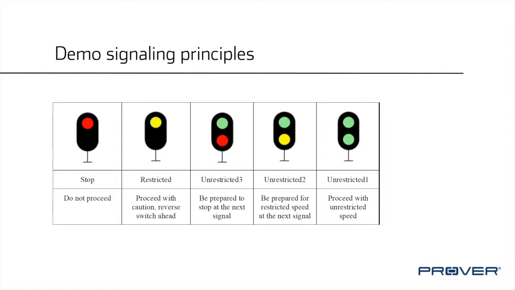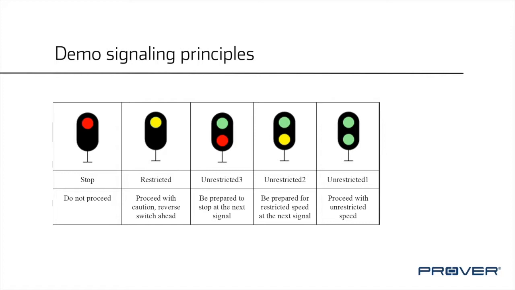The idea is that in different areas of the world, for different lines, different states and so on, there might be different signaling principles, and our solution is tailored to make it easy to adapt your signaling design principles to the area where you want to operate. So to show this, we have these mock-up principles. I will not go through these in detail because they are not the focus of this webinar, but I think it's necessary and good to understand at least what the signaling aspects say.